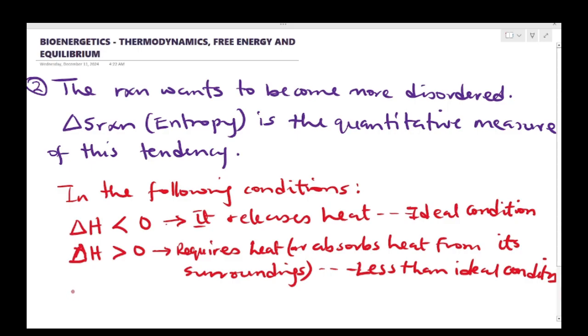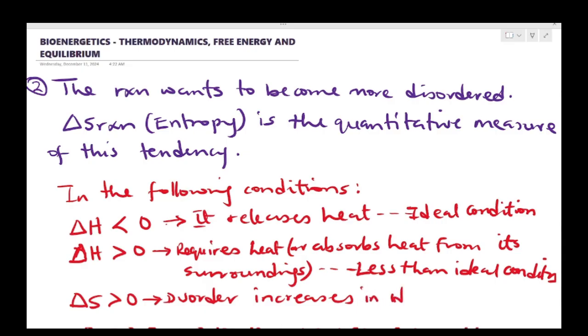That's delta S. When delta S is greater than 0, it implies that the disorder increases, and that is in ideal conditions.